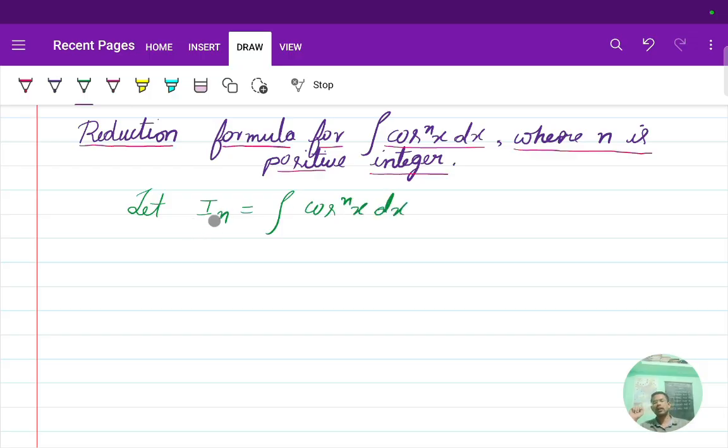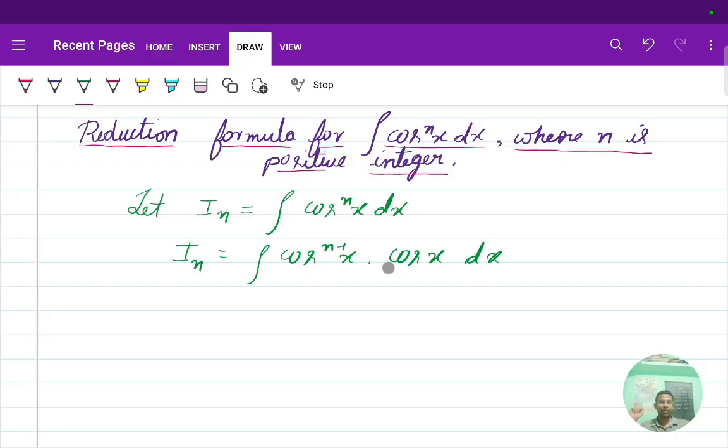Now it can be written as I_n equals integration cos power n minus 1 x into cos x dx, right? Shall I write like this?